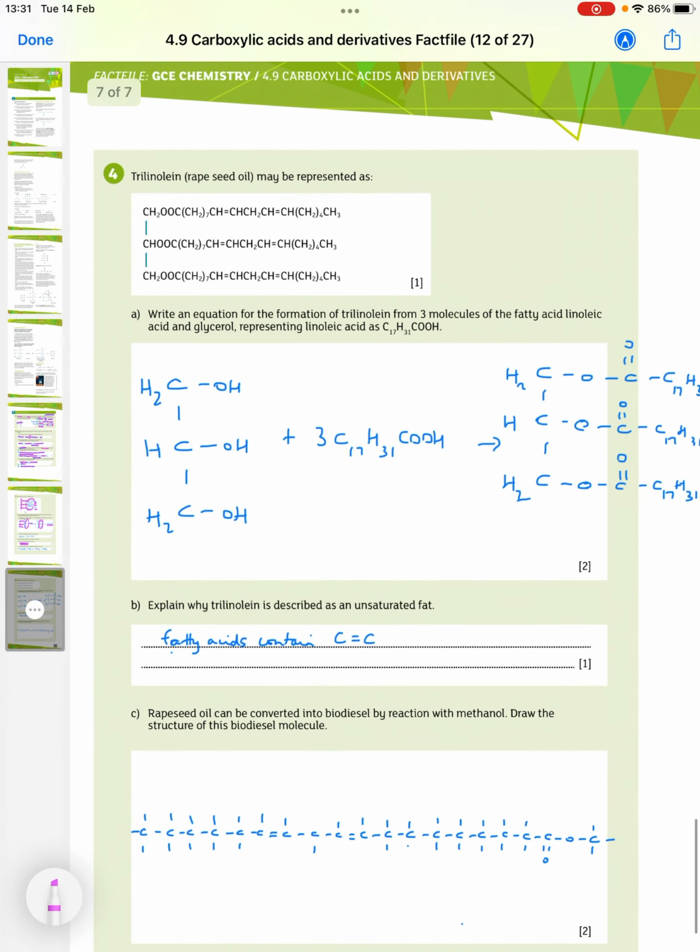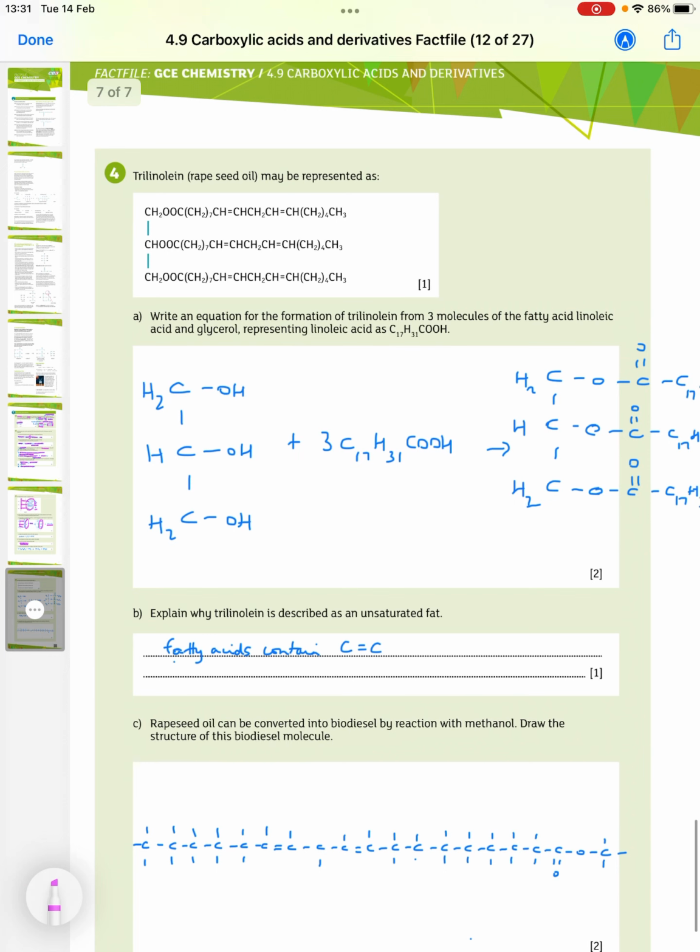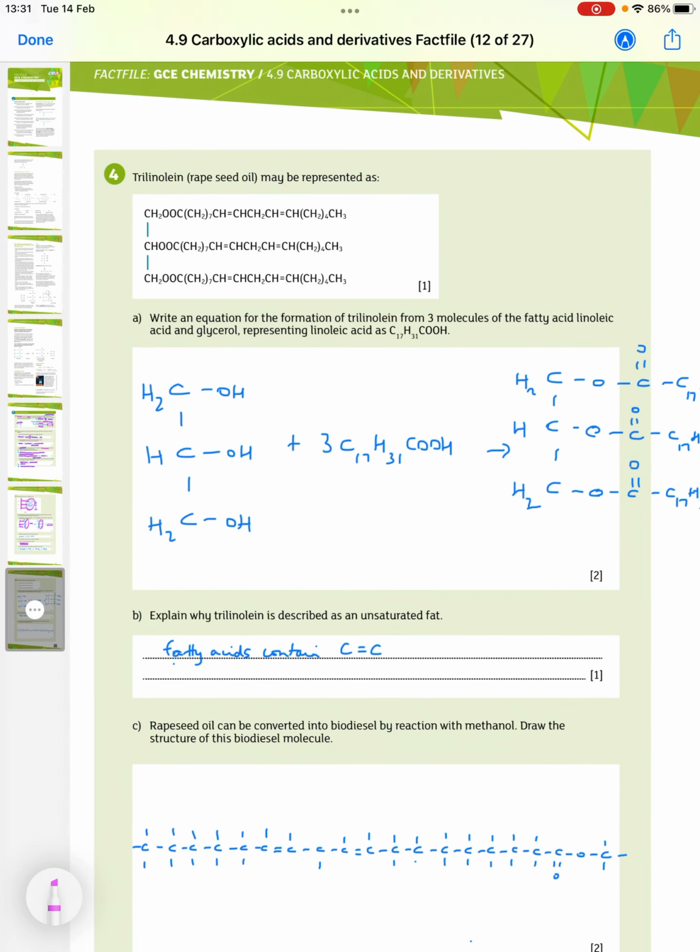Okay, then we've got another big intimidating looking molecule here. It says trilinolein, which is rapeseed oil, may be represented as this structure. Write an equation for the formation of this trilinolein from 3 molecules of the fatty acid, linoleic acid, and glycerol, representing linoleic acid as C17H31COOH.